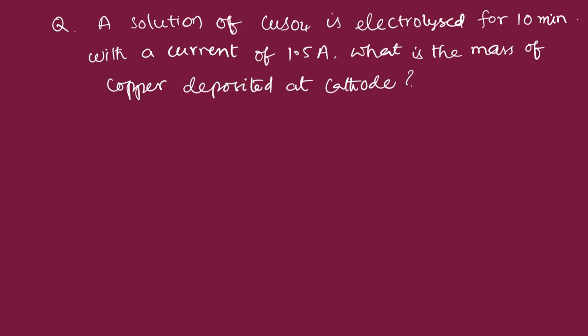Now one question. A solution of copper sulfate is electrolyzed for 10 minutes with a current of 1.5 ampere. What is the mass of copper deposited at the cathode? Now we will write the equation. Copper sulfate, meaning this is CuSO4.